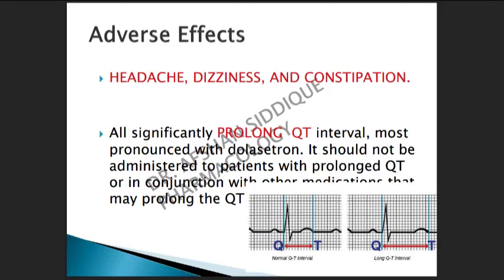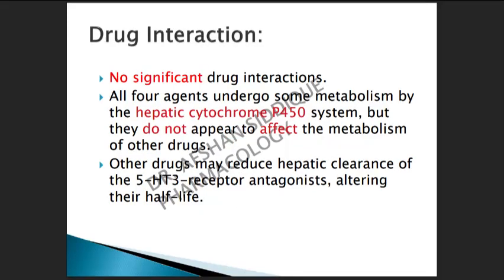All 4 agents undergo some metabolism by hepatic cytochrome P450. But the good thing is that they do not appear to affect the metabolism of other drugs. Usually, if one drug is passing through the cytochrome P450 system and another drug is also passing through the same metabolic pathway, there may be saturation of the enzyme that can inhibit, but it is not seen in this case.